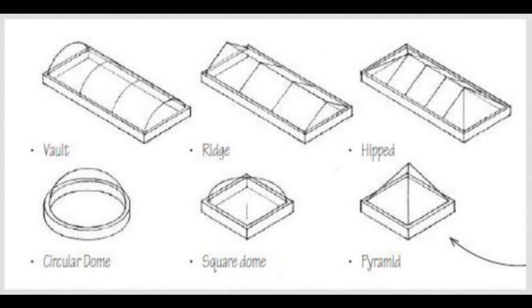Now, skylight sizes. The size of a skylight is directly related to the daylight levels and solar heat gain. So, if we are planning to provide a skylight for any building, we must be aware of the daylight levels throughout the year and throughout the month.